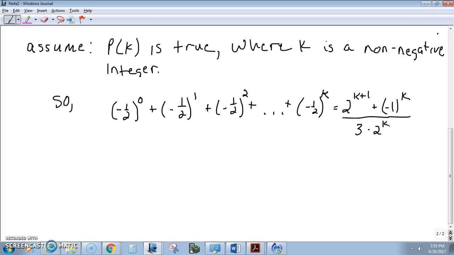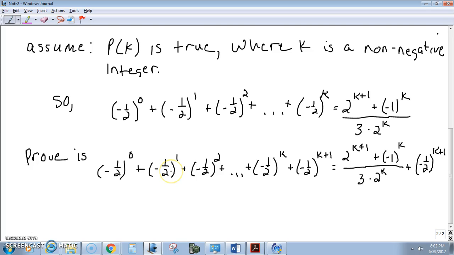So I'm going to assume that this is true. So what I actually need to prove is this. Sorry, you guys, I'll pause it so you don't have to watch me writing. Okay, so I finished writing up that sum, but instead of ending at negative 1/2 to the k power, I added negative 1/2 to the k plus 1.